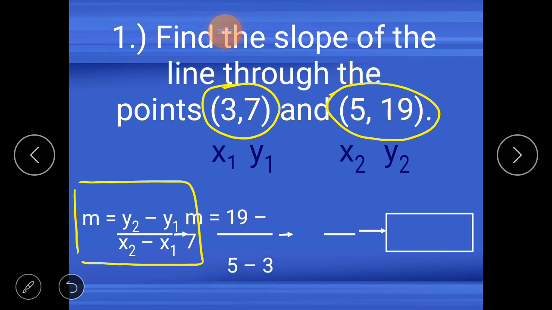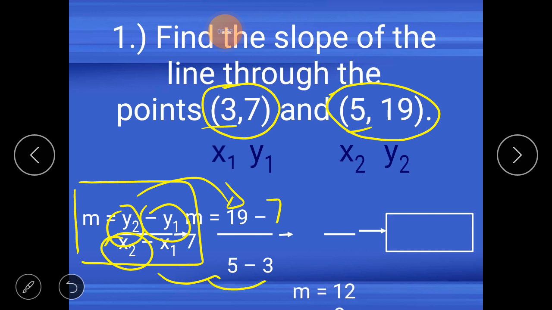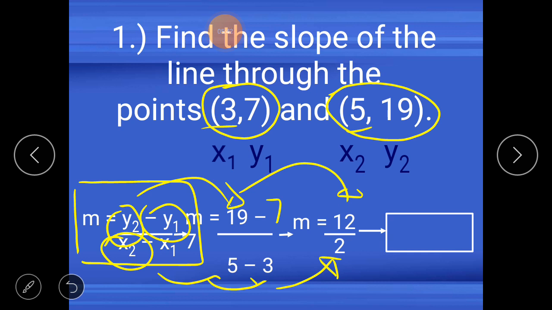Then substitute the given. This is y sub 2, that is 19, minus y sub 1, that is 7, over x sub 2, that is 5, minus x sub 1, that is 3. Then 19 minus 7 is 12, and 5 minus 3 is 2.